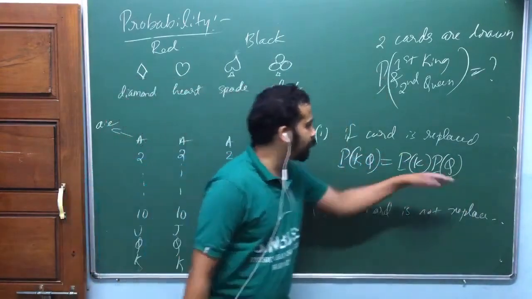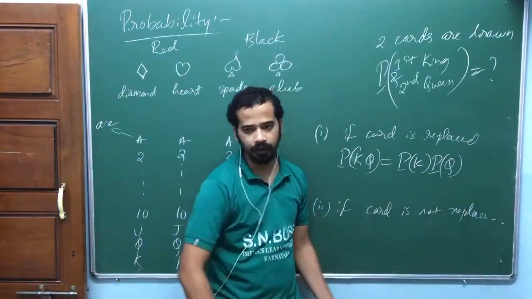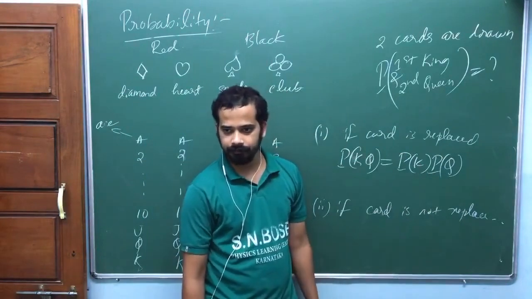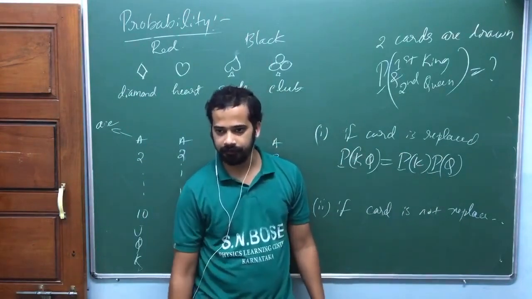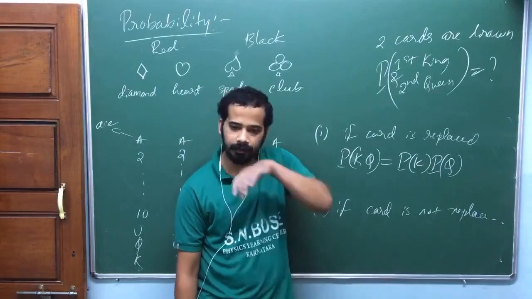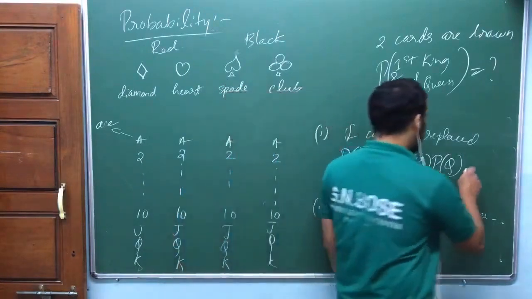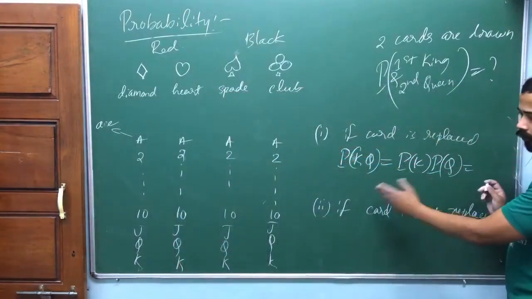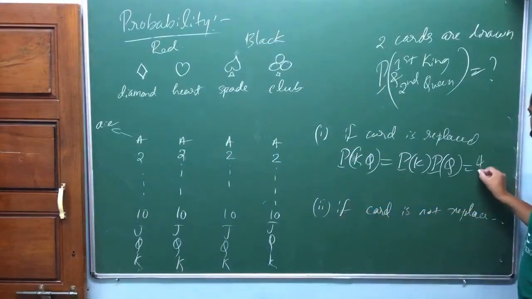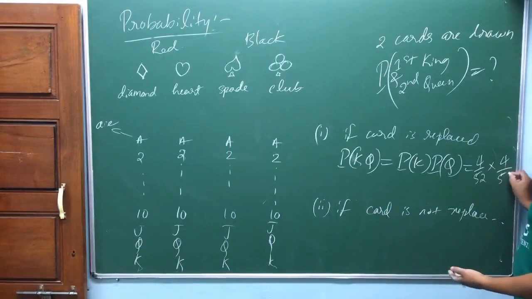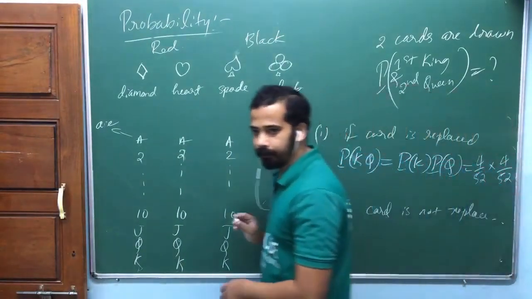Now these two are independent. Why? You replaced and reshuffled, assume like that. Both are independent events. One doesn't depend on the other. That's why this is equal to, how many kings are there? 4 kings are there. 4 by 52 multiplied by how many queens are there? 4 by 52.